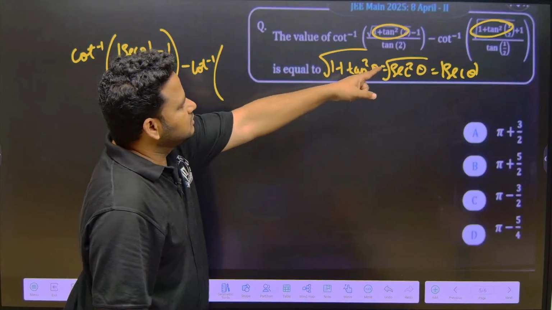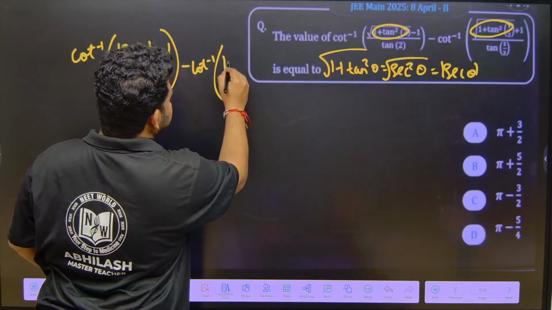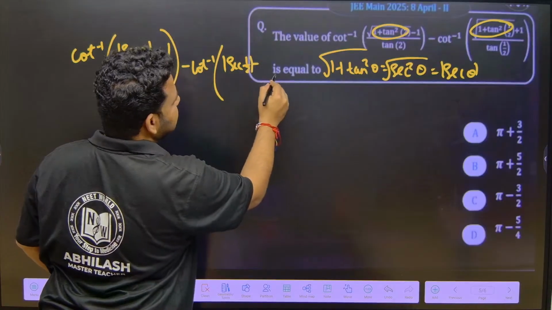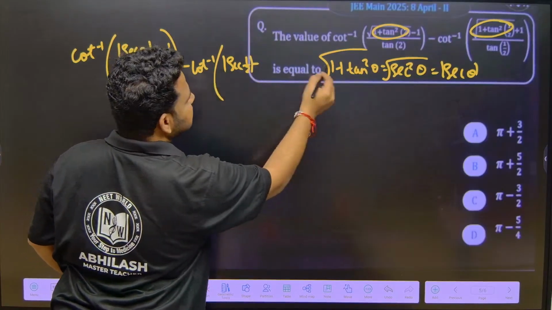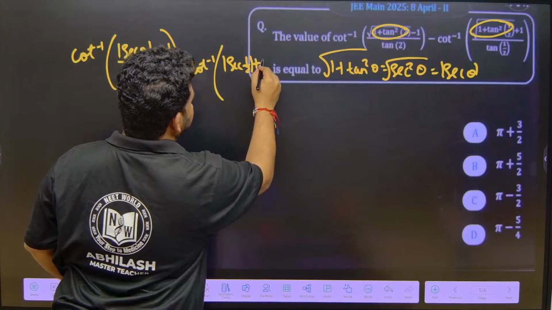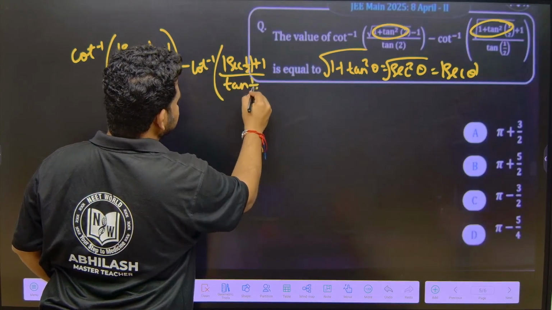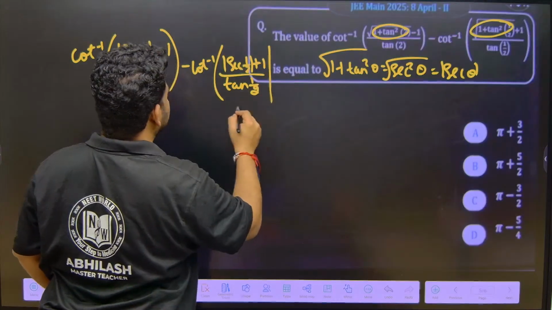This will be mod of secant 1 by 2, plus 1 divided by tan of 1 by 2.